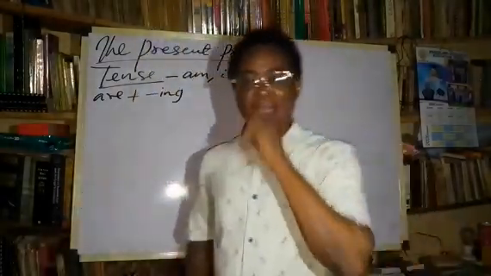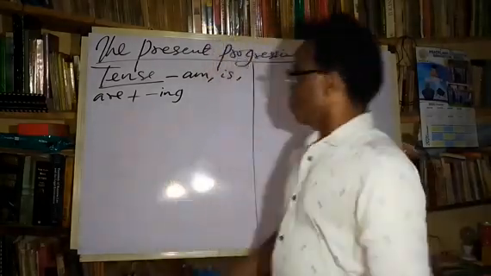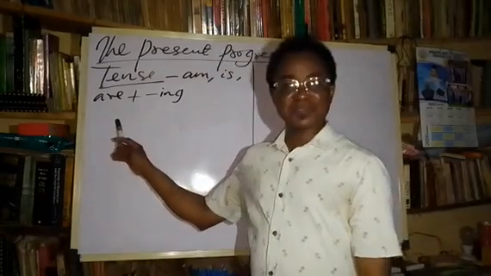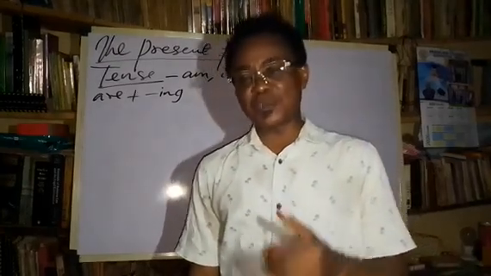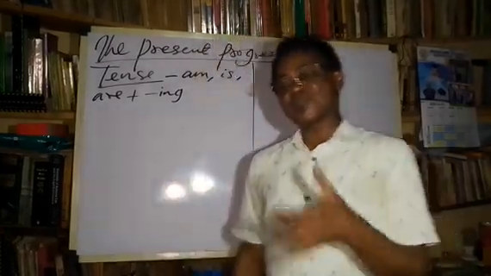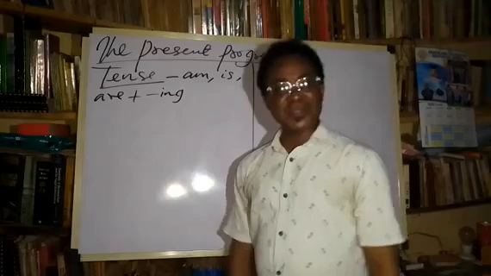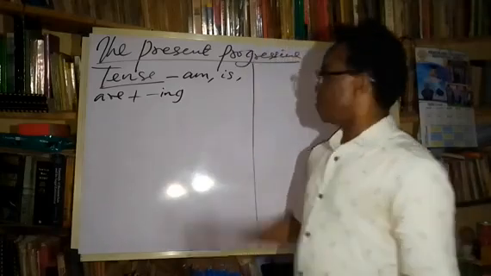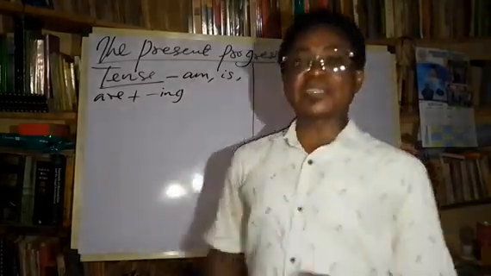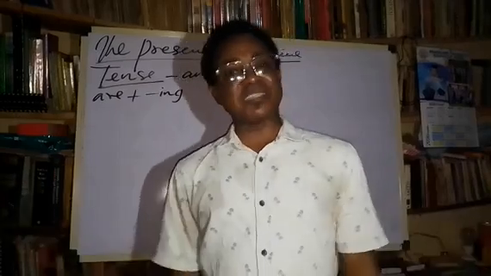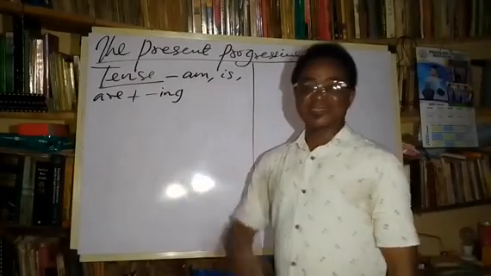If you are already a student of English grammar, you will recognize these verbs instantly as the present forms of the verb to be. To make a sentence in the present progressive is therefore simple. Use one of the present forms of the verb to be depending on the number or person of the subject of the sentence, and then add an ing word to it.